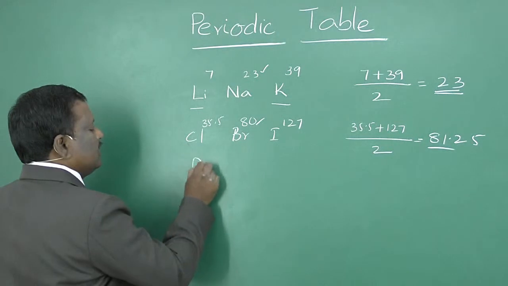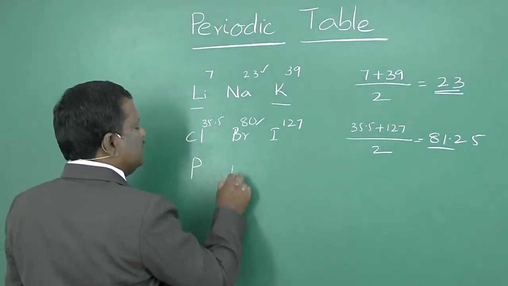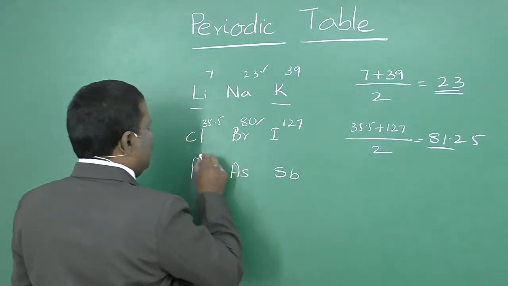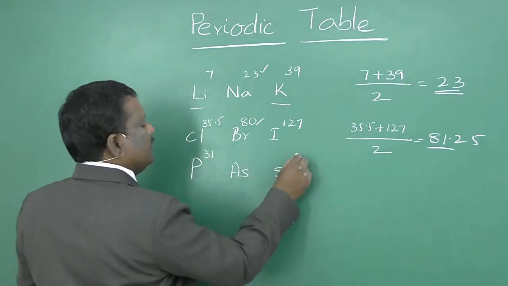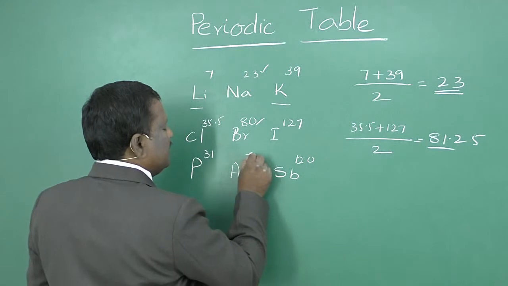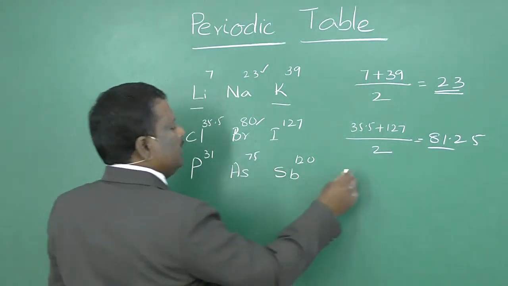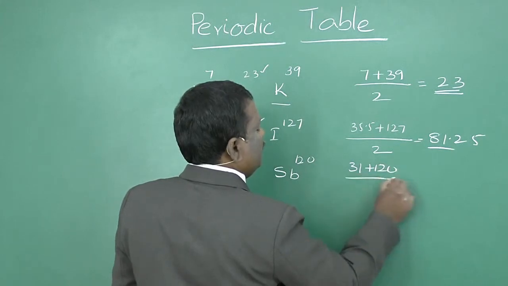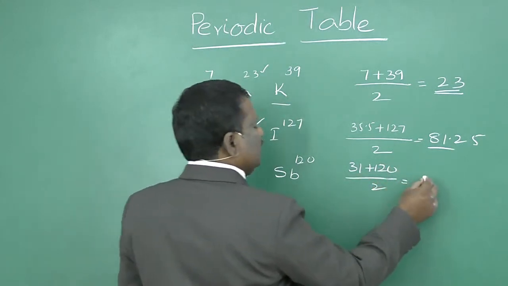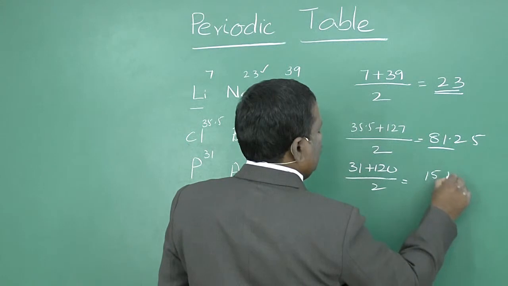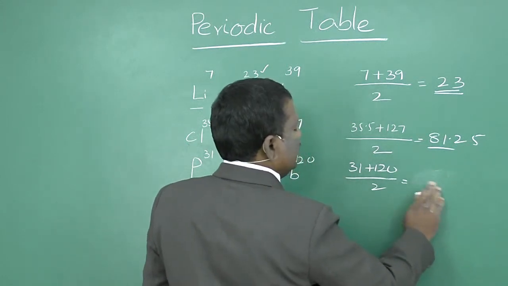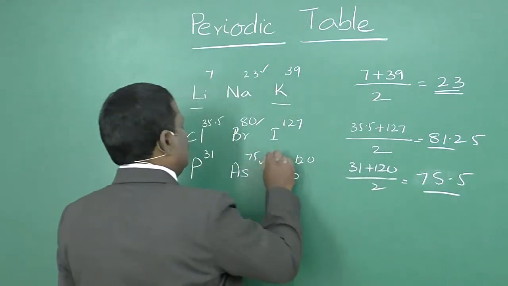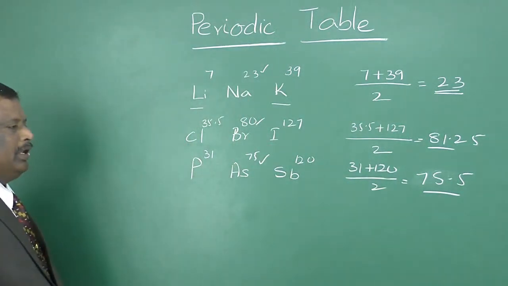Similarly, phosphorus, arsenic and antimony. Phosphorus is 31, antimony is 120 and arsenic is 75. So the arithmetic mean is 31 plus 120 by 2, that is 151 by 2, that is equal to 75.5. It is nearer to the atomic mass of the middle element.